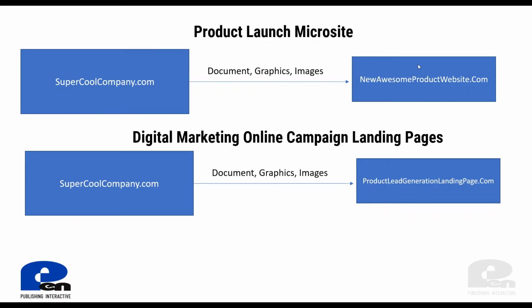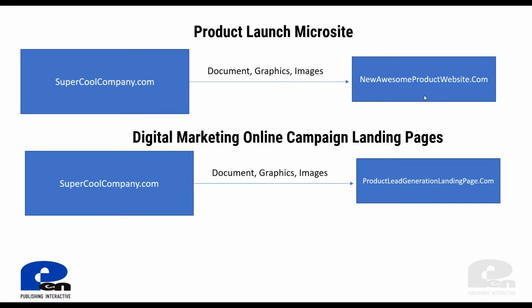But you want to do a big campaign when it comes out and you want this specific domain. We can set up a microsite or a child site where you will be able to load all your documents and everything to the parent site and easily use the same stuff in your launch or microsite for that product.